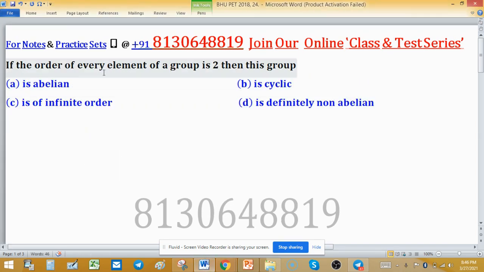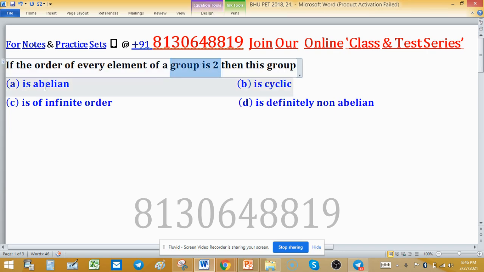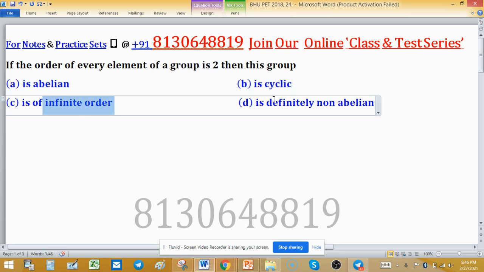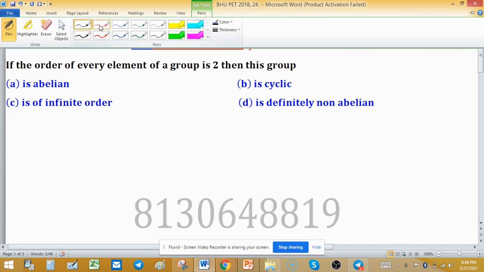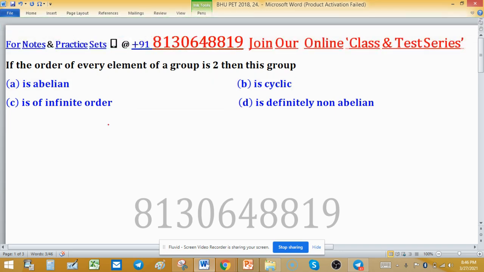If the order of every element of a group is 2, then this group is abelian, is cyclic, is of infinite order, or is definitely non-abelian. We have to find the correct options. Every element of this group has order 2.